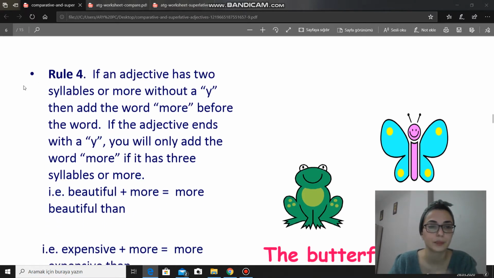Fourth rule. Our next rule is, if an adjective has 2 syllables or more without a Y, then we add more before the adjective.